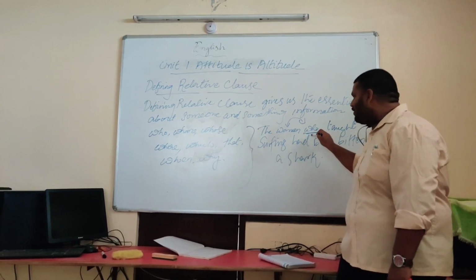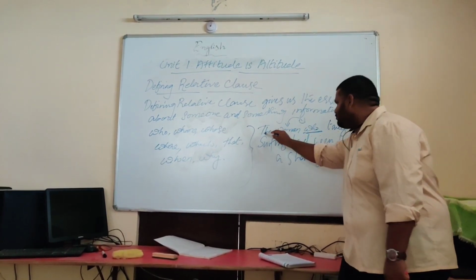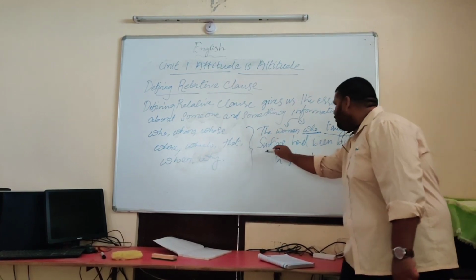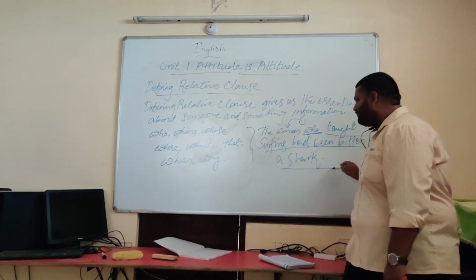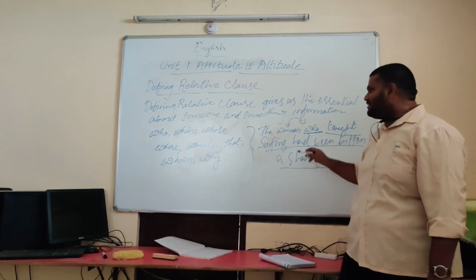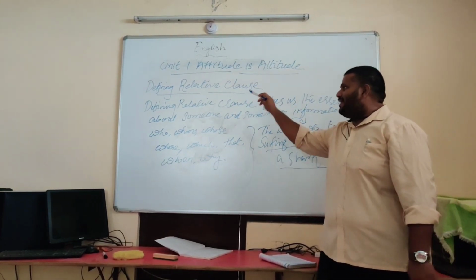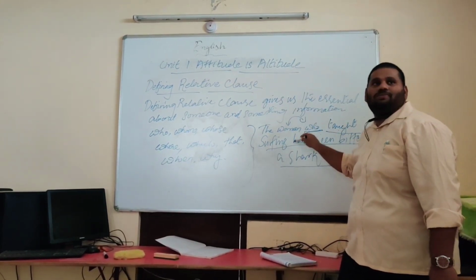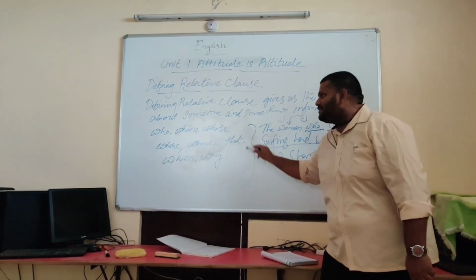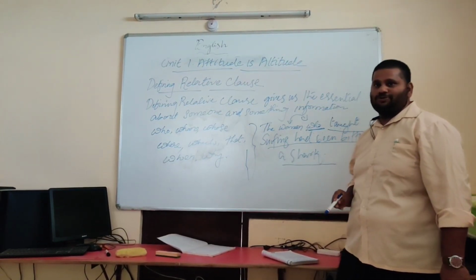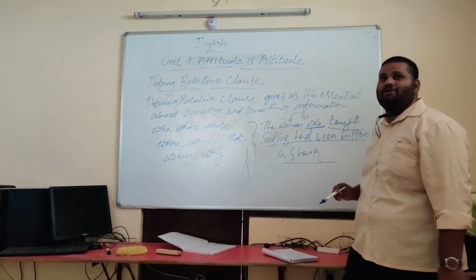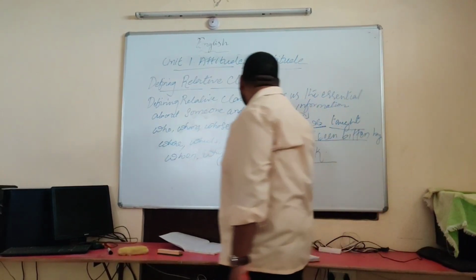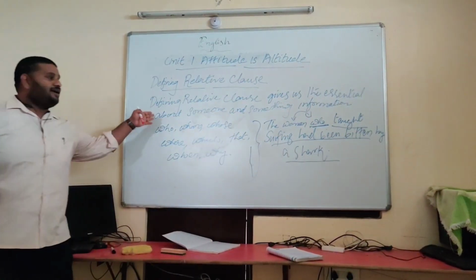That pronoun we are adding to these clauses to make it an essential part. That is why defining relative clauses play a major role through the relative pronouns. That is the thing we have to know today. So here we have learned the defining relative clause.